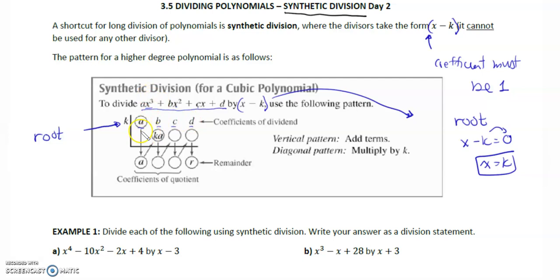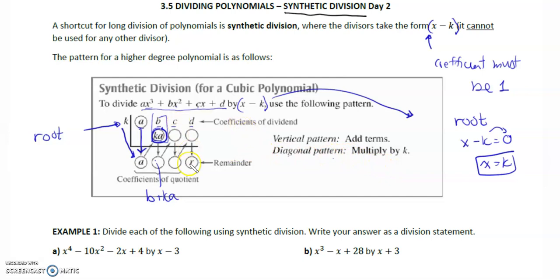So what happens is immediately a comes down. You do nothing. Then you take your root and multiply it by a and put it here. So this will be ka. Then you add these, so this is going to be b plus ka. Then you multiply. So the vertical pattern is you add the terms, and the diagonal pattern is you multiply by k.